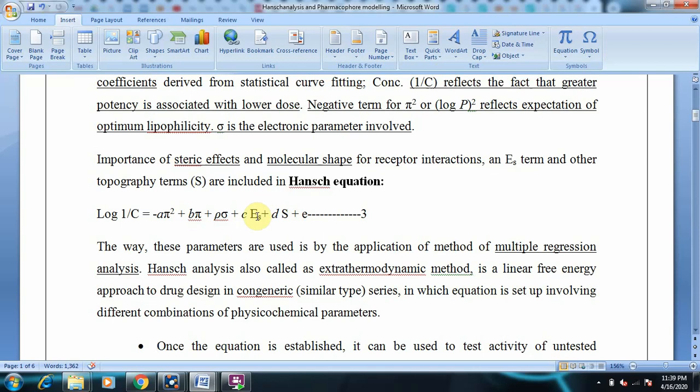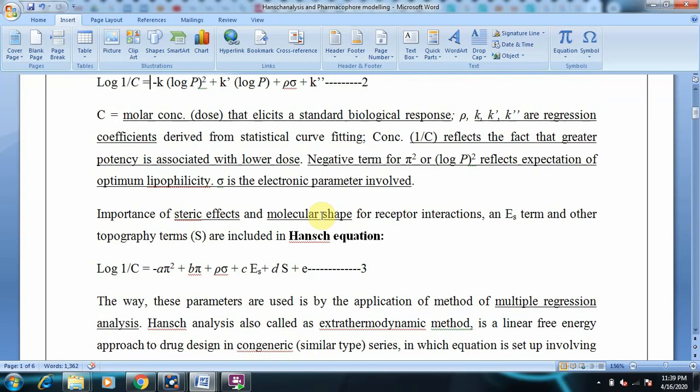E is a constant, a regression constant. A, B, rho, C, D, E, these are all regression coefficients. As we said, here, instead of k prime, rho and k prime prime, we are using A, B, rho, C, D, E. These are also regression coefficients.